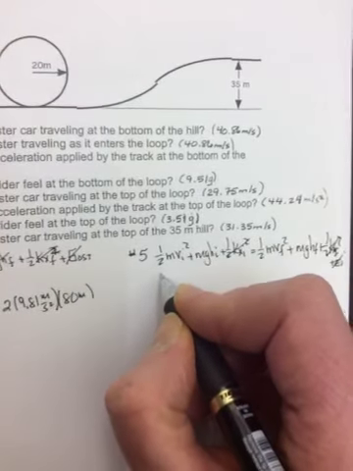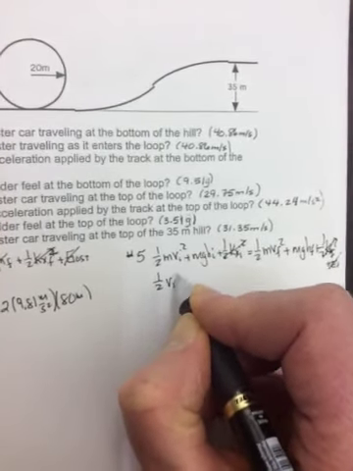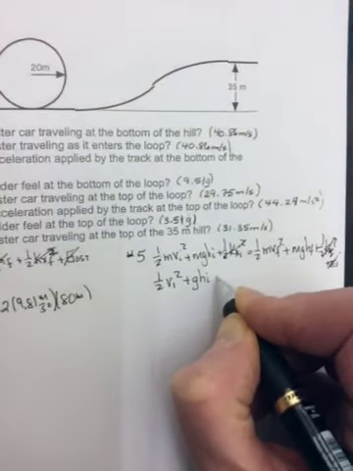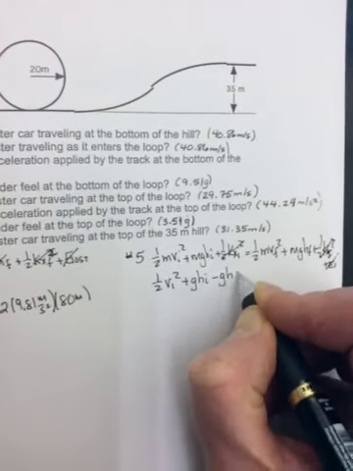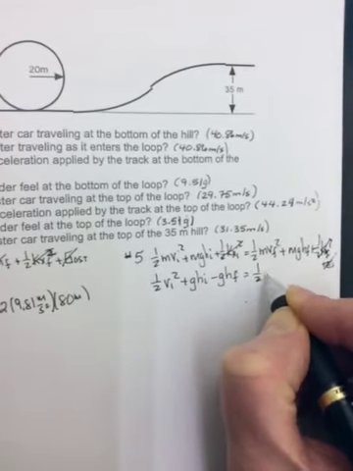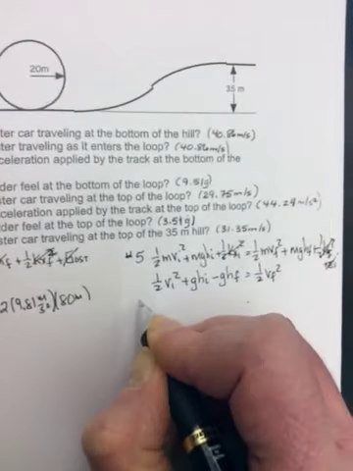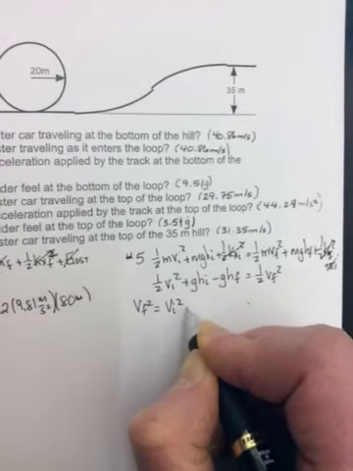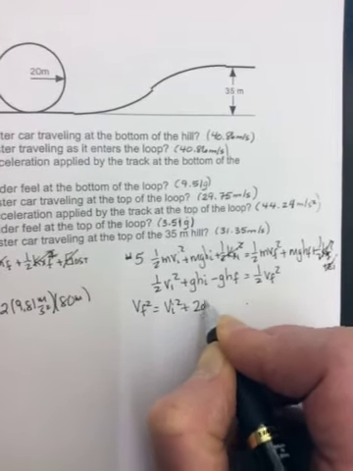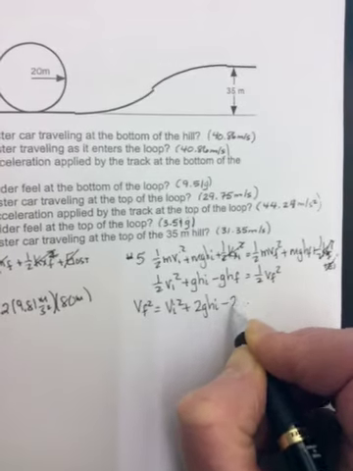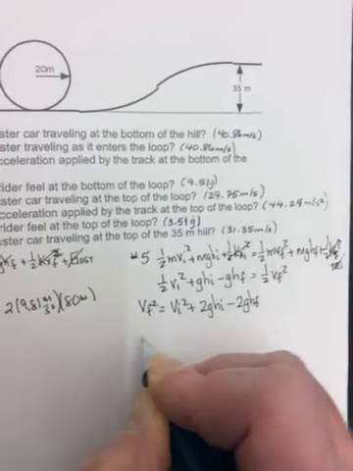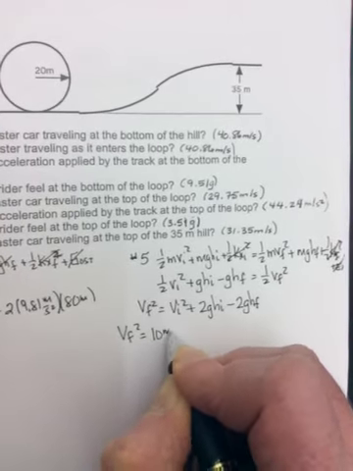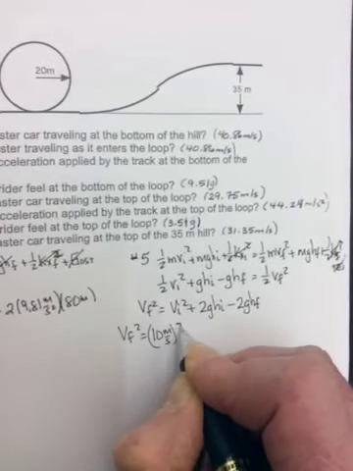So it's going to be 1/2 VI squared plus GHI, and you want to bring the other term over, minus GHF will equal 1/2 VF squared. Multiply everything by 2. So VF squared equals VI squared plus 2GHI minus 2GHF. That was 10 meters per second, and we're squaring it.